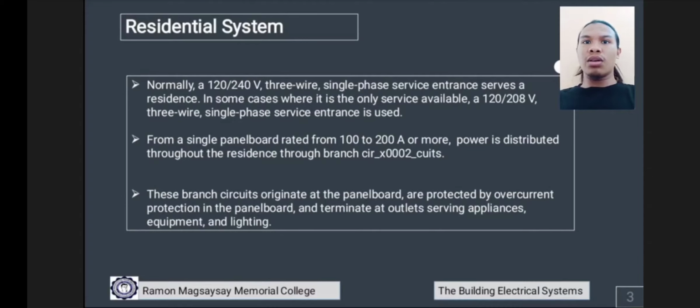The following images are examples of a residential electrical system.